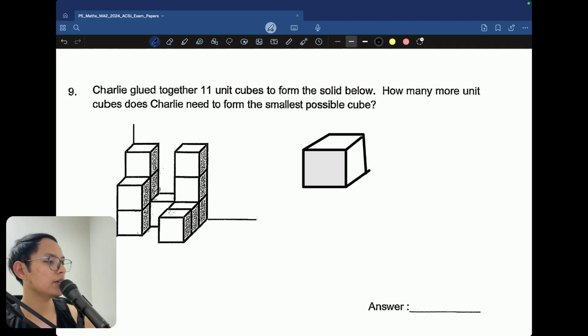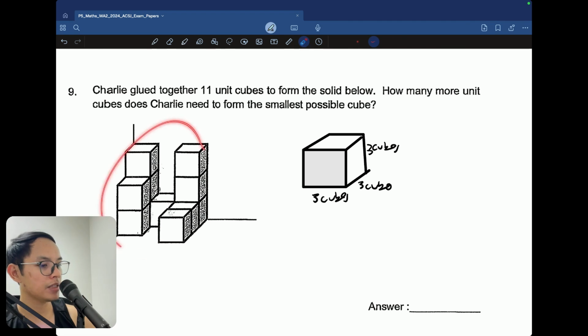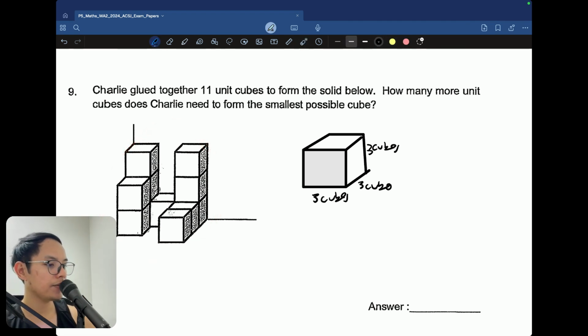The property of a cube is that if this side takes, for example, 3 cubes length, the height also takes 3 cubes length as well. So the height over here is 3 cubes.